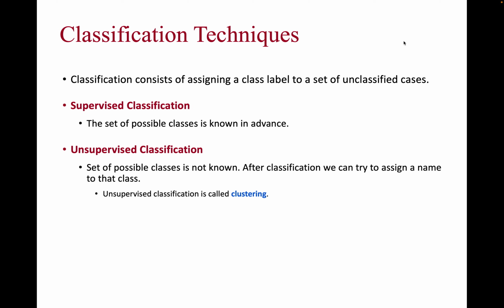Unsupervised classification: the set of possible classes is not known. After classification, we try to assign a name to that class. तूने cats और dogs के mixed images दे दिए model को, algorithm को. Now the model uses the algorithm to differentiate between the images. We do not even specify कितने classes हैं.